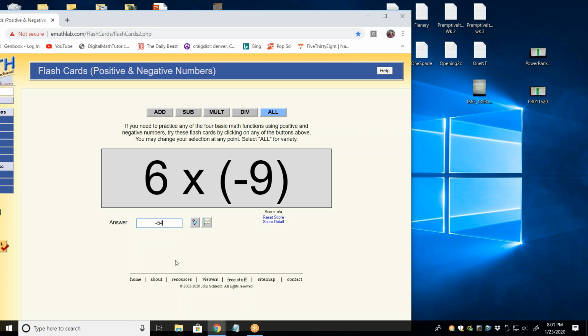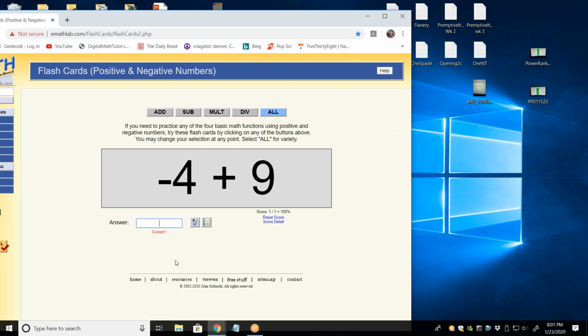It says correct, and it pops up another problem. And these problems are going to be randomly distributed between multiplication, division, addition, subtraction, with both positive and negative numbers. All of the things you have to do with algebra about 5 times for every single problem.